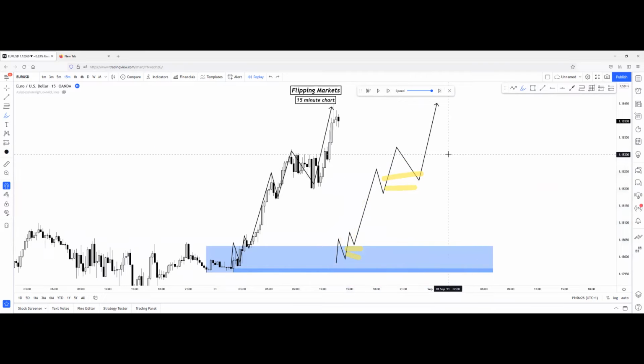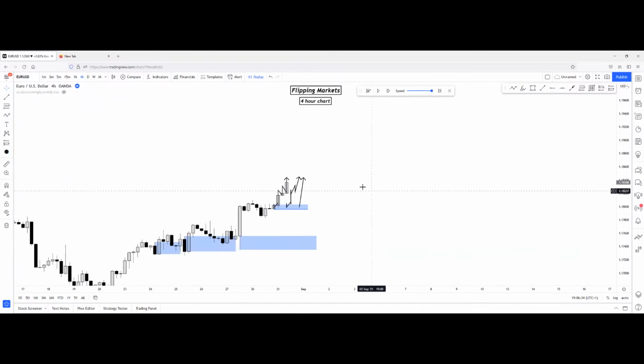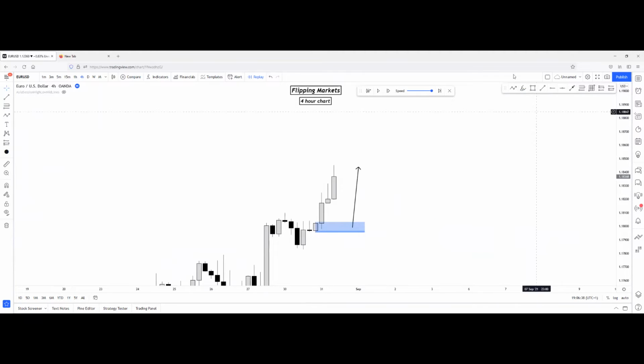On the 4-hour, this movement just simply looks like this. Let me switch back to the 4-hour chart and you will see that. I will just remove these arrows. So as you can see, the 4-hour leg looks like this, just a straight upside candle or candles.